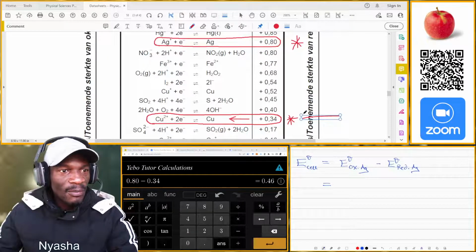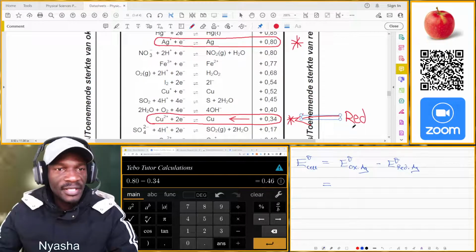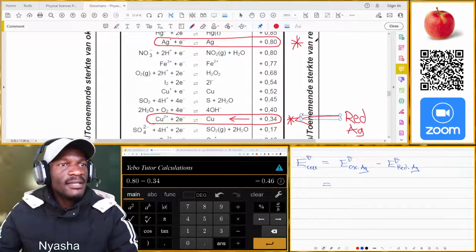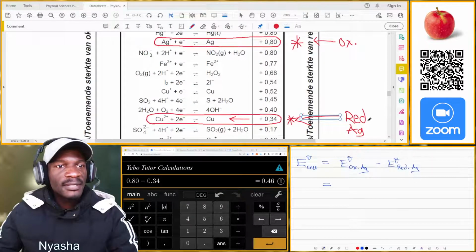This is our copper, our reducing agent. We already defined it and identified it. And then our silver is the oxidizing agent.